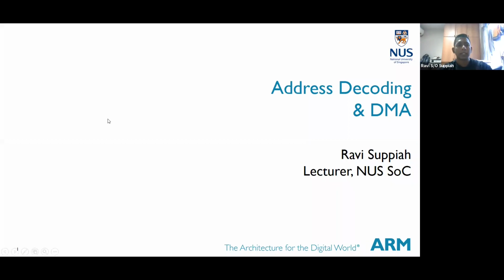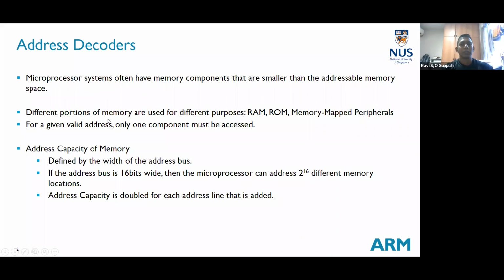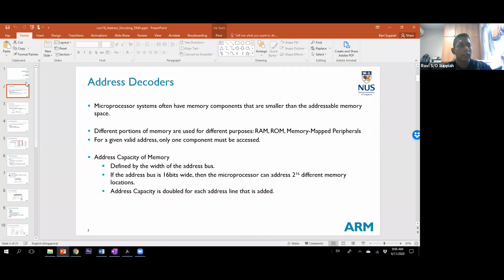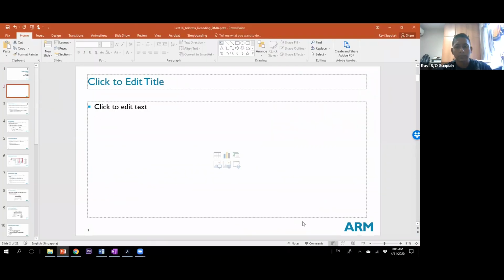Okay, so let me get started here. What is the whole idea of address decoders in the system? You want to be able to have many subsystems. If you think about a microcontroller, it is actually a complete package, correct?